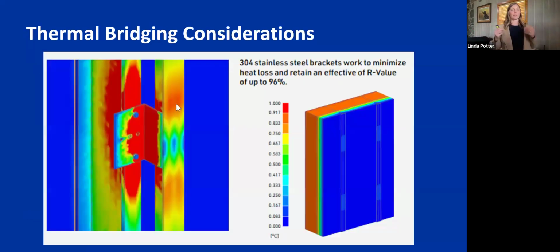What we know to be true is there's been some data done recently in understanding stainless steel as a Rainscreen substructure. And inside of that data, we found that the stainless steel connection can retain up to 96% of the effective R value of that insulation without having a true thermal break behind there.